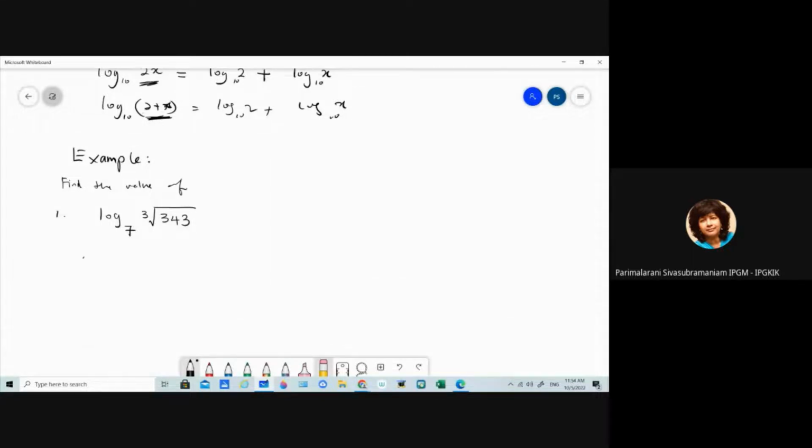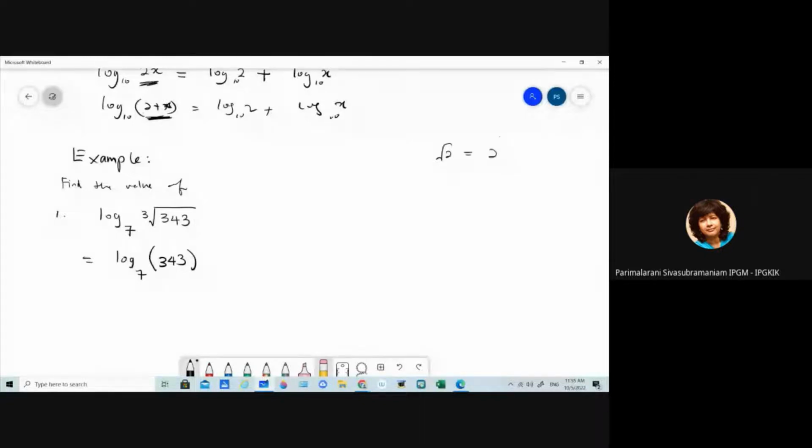If you want to remove this cube root first, we don't have to do that, but if you want to remove it, we can write this as 343 to the power of, anyone? To the power of? The cube root of 2 is the same as 2 to the power of 1 over 3.